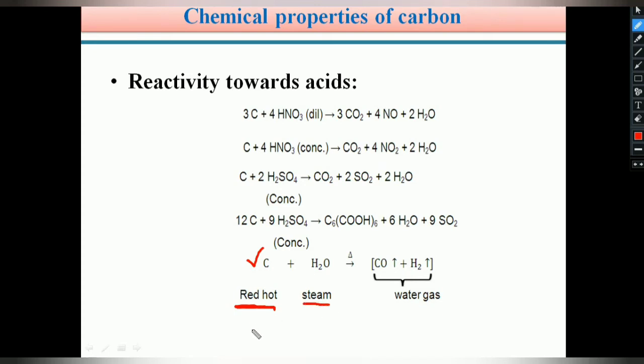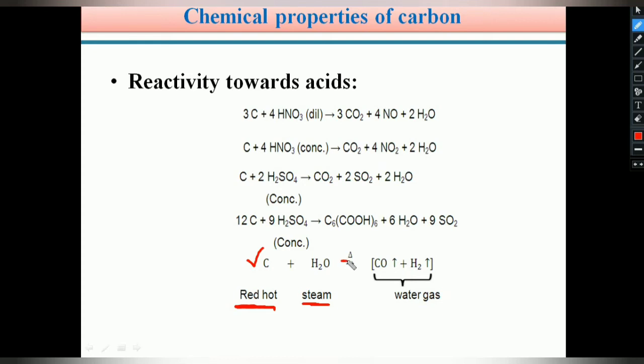Water is available in 3 forms: liquid, gaseous, called steam, and solid, which is ice. So red hot carbon is treated with steam at a high temperature.